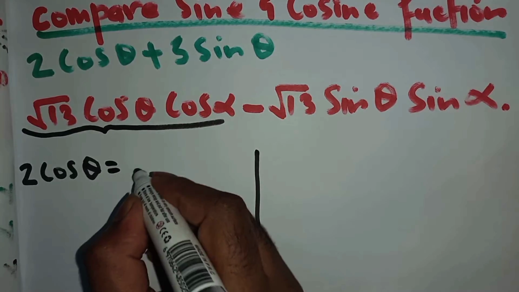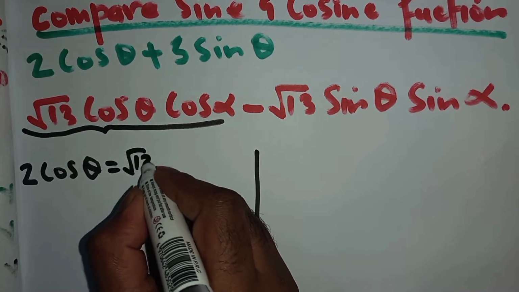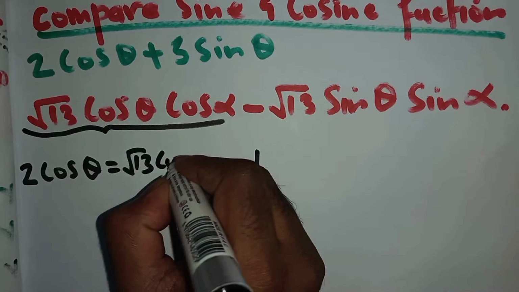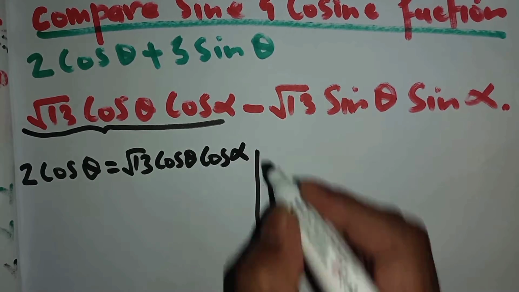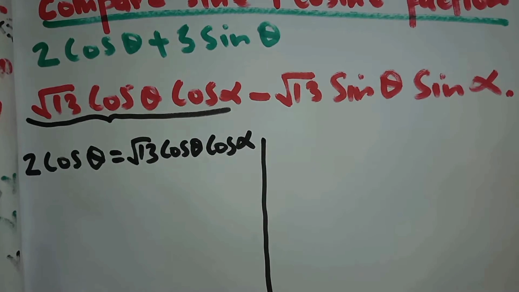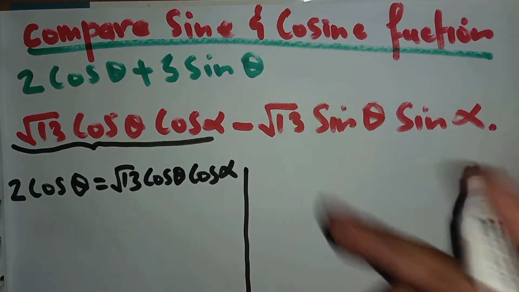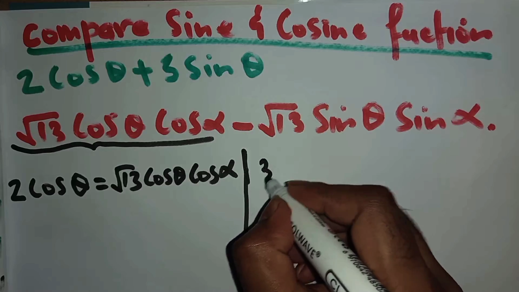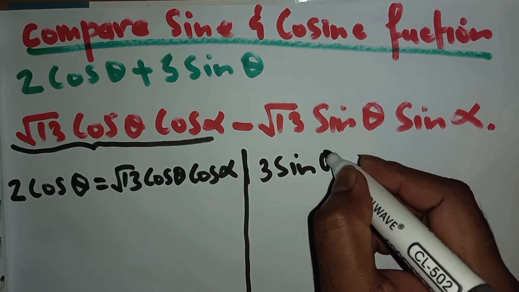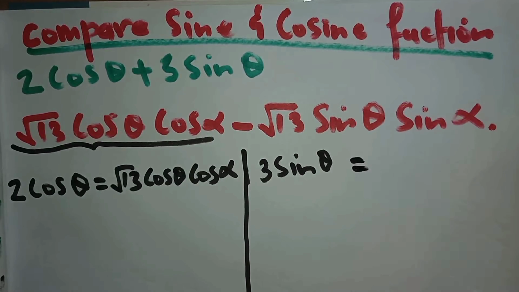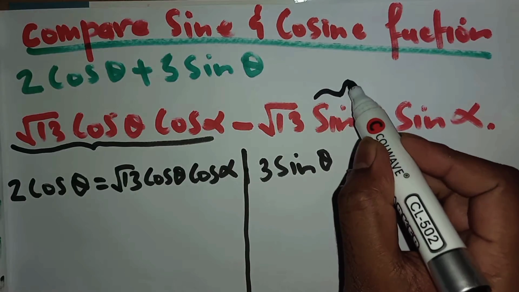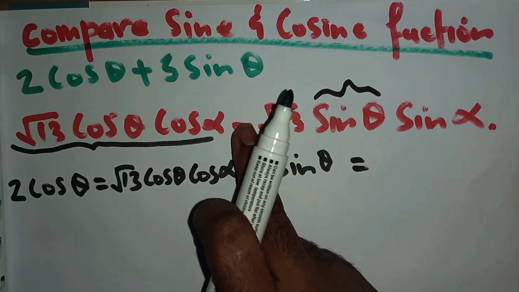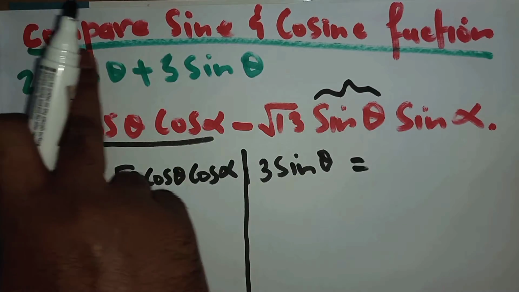So we'll have root 13 cos theta and cos alpha, right? And this side we have 3 sine theta, and that will be equal to all of this because sine theta is here, right? So all of this is going to come here.